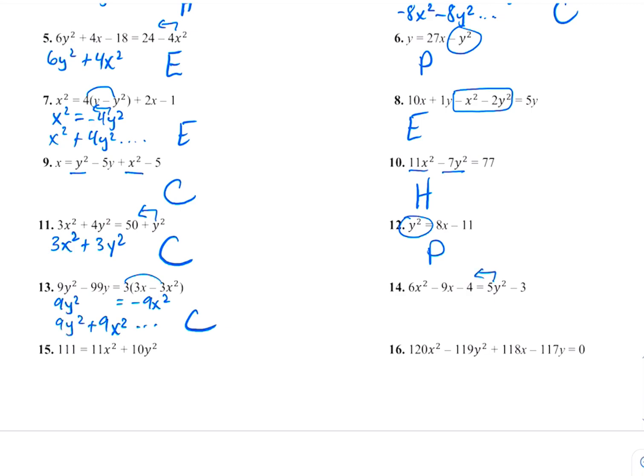I'll need to subtract my y squared over, so 6x squared minus 5y squared, and then my other things. So one positive, one negative makes this a hyperbola. 15, I have two positive square terms with different coefficients, so I'm going to have an ellipse. And then one positive square term, one negative makes this a hyperbola. And then that will also conclude our unit on conic sections.